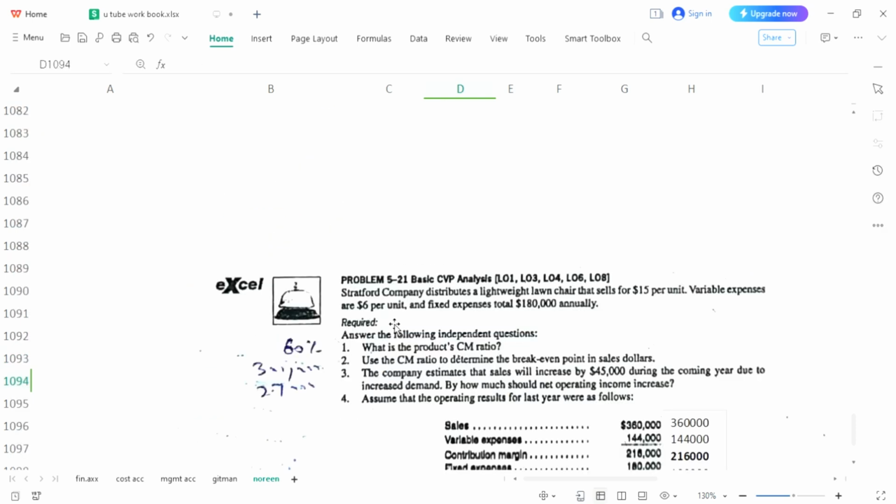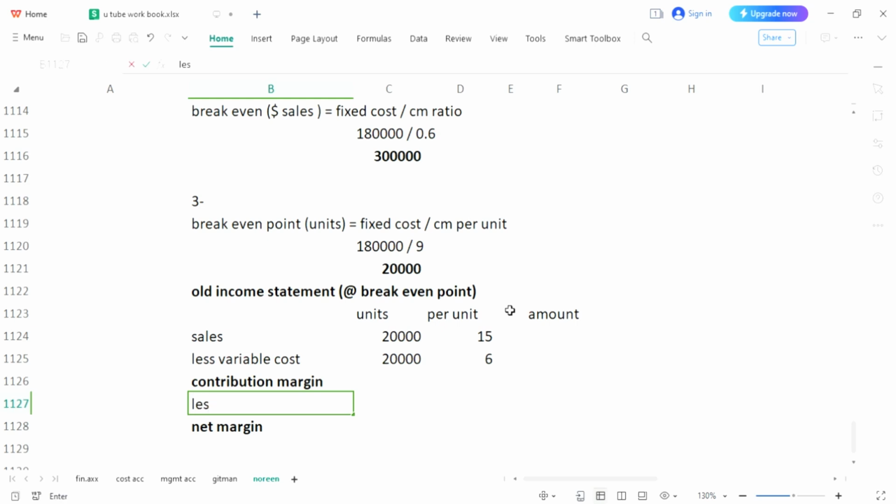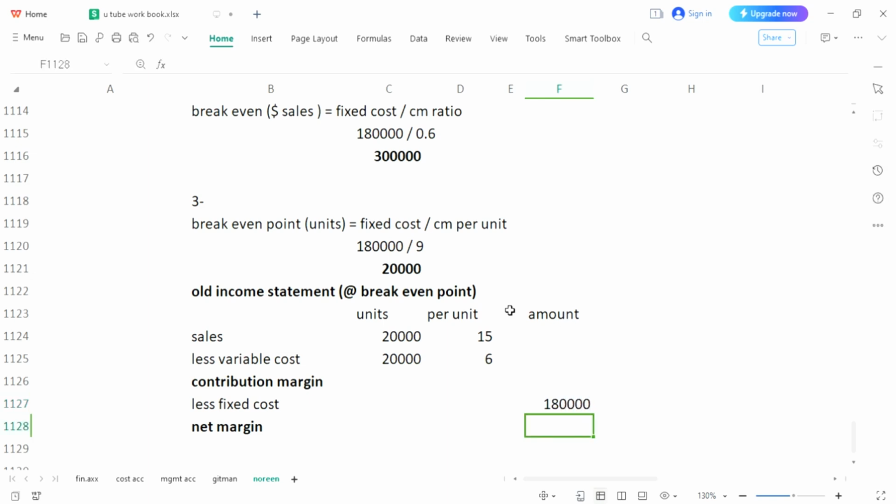And your fixed expenses, 1,80,000, is also mentioned, and here it was less fixed cost, sorry. So these are the things which are available in the question.